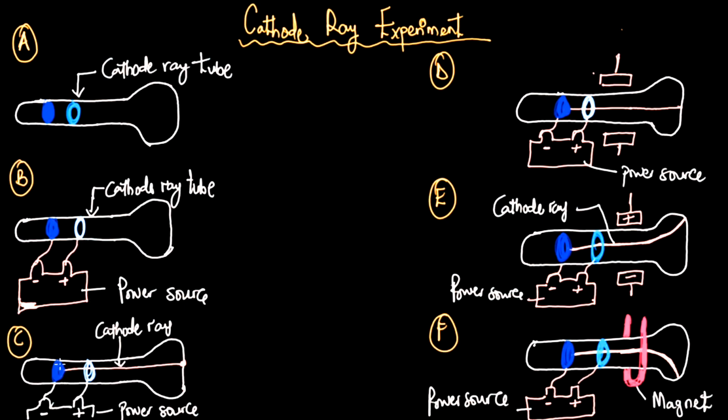When he connected the two pieces of metal to a power source, he noticed that a ray is shot from the second metal plate inside of the tube, and this ray shoots across the entire length of the tube, and it created a glowing spot at the other end of the tube when it hits a special coating on the inside of the tube.